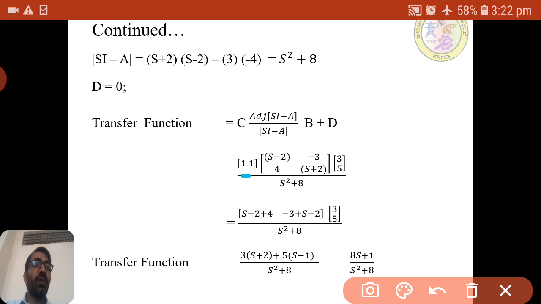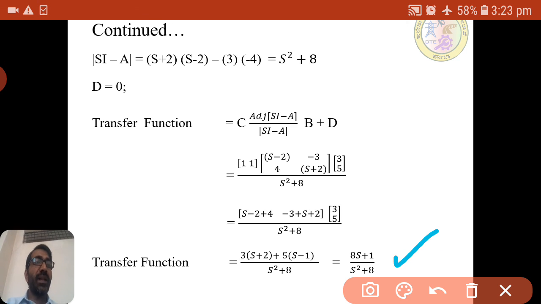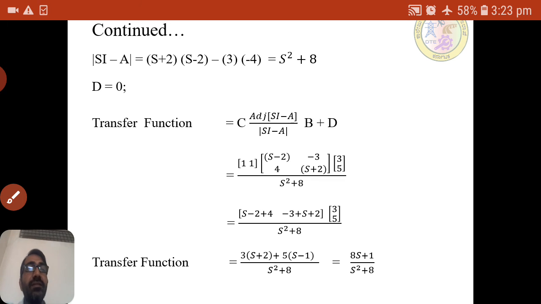So multiply with 1 1, and multiply with 3 5, D term is 0, okay. First we are multiplying with 1 1, so that will remain with only one row, and this will be multiplied with 3 5, and finally you will get 8s plus 1 divided by s square plus 8, okay.